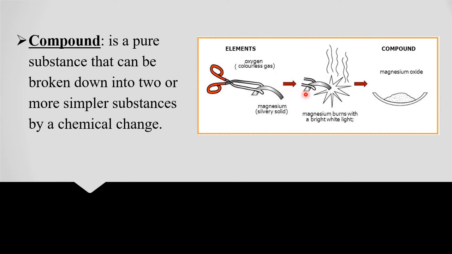When there is a chemical reaction between magnesium and oxygen, meaning when magnesium burns in the presence of oxygen, a compound is formed. This compound is called magnesium oxide. Magnesium oxide is a compound that can be broken down into two simpler substances, magnesium and oxygen, by a chemical change.